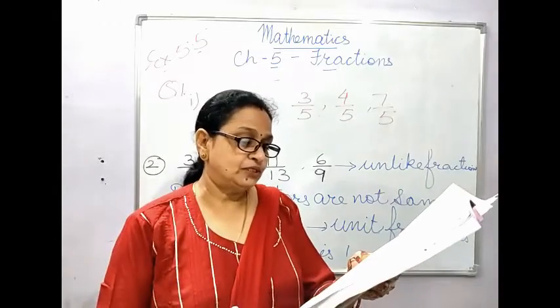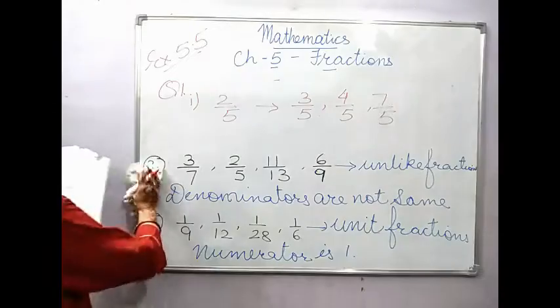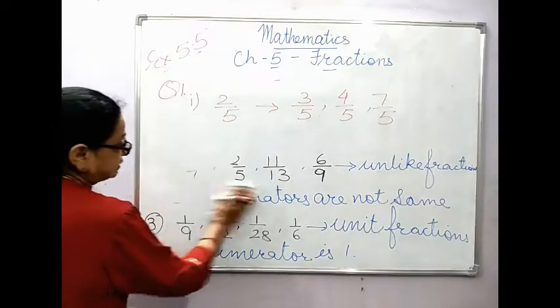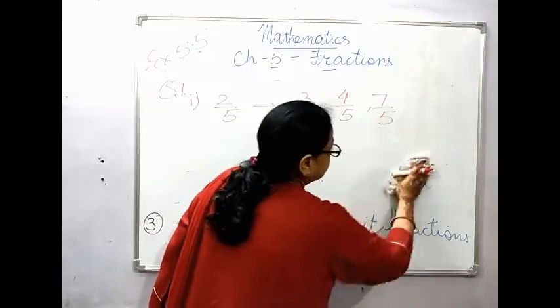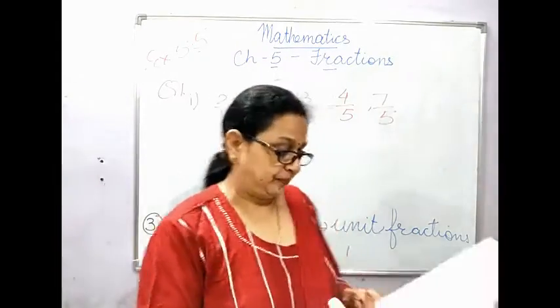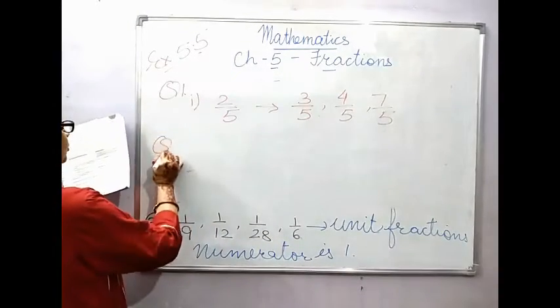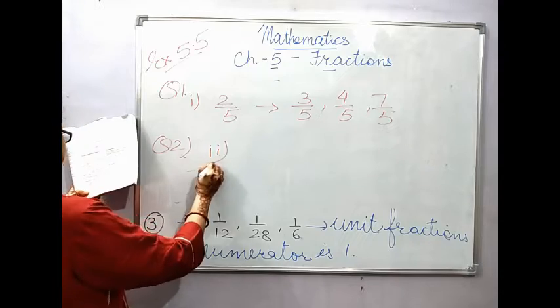Then question number 2, circle the like fractions. See children, in this the fractions are given, you have to circle the like fractions, which are those in which the denominators are same. I'll take the second one.